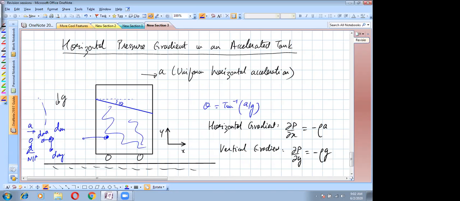This pseudo force along the negative x-axis creates the horizontal pressure gradient, minus rho a, whereas the gravitational force creates the vertical pressure gradient, minus rho g. So that is why in this kind of situation we have a horizontal and a vertical pressure gradient, and by dividing these two you can see dy by dx becomes a by g. So we have this. Okay, so I hope you are familiar with this concept. If not, just make a note of this formula.